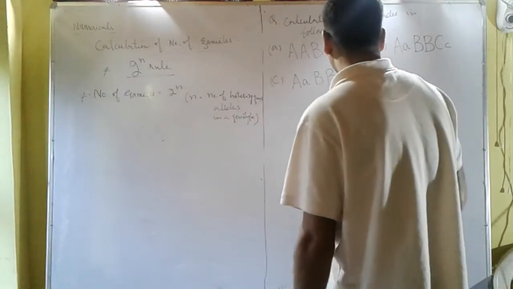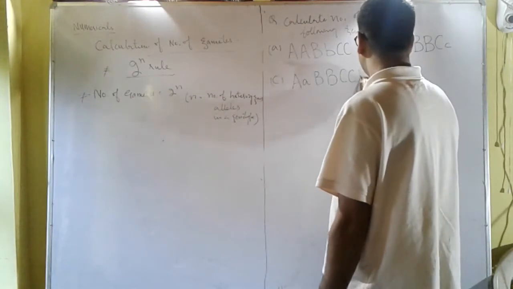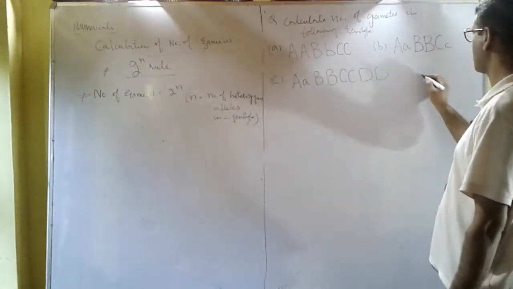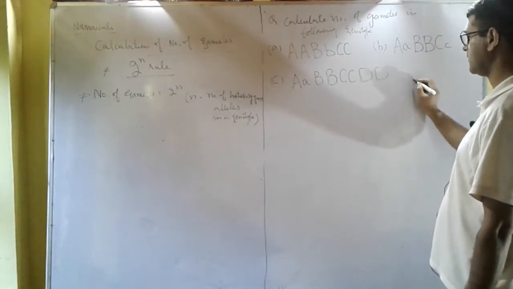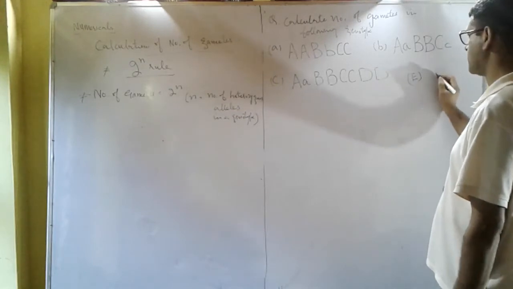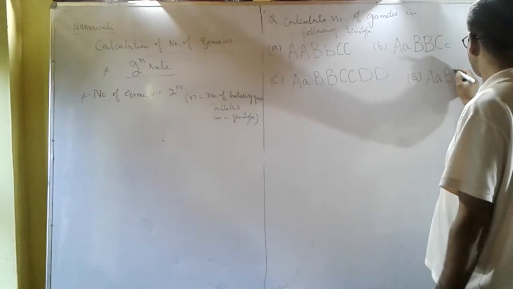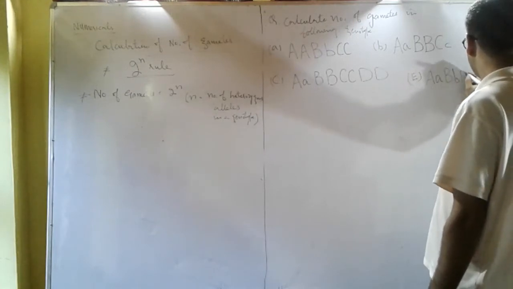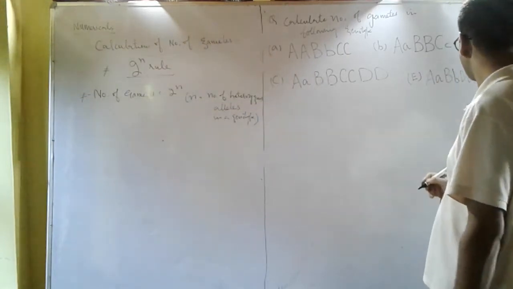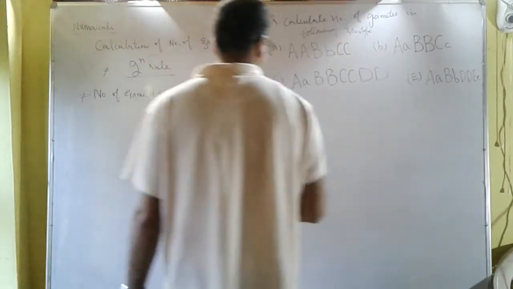This genotype and this genotype. We have D. For example, we have this genotype. First one.